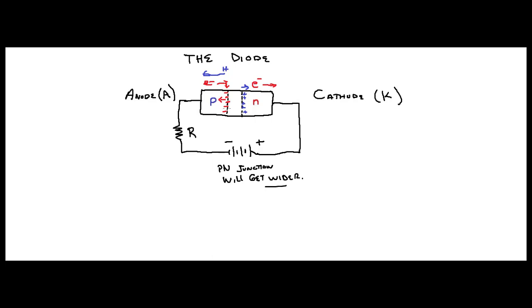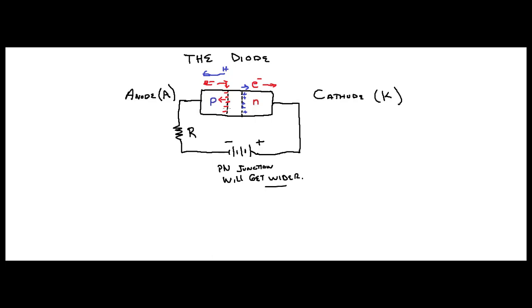Now look, there is a reverse current. This is due to minority carriers in the N and P regions, all right? It's a very small current, but minority carriers in the P region, which are electrons, are pushed toward the p-n junction where they fall down the energy hill to the n-type region where they combine with holes and flow toward the positive bias. But remember, those are the minority carriers.